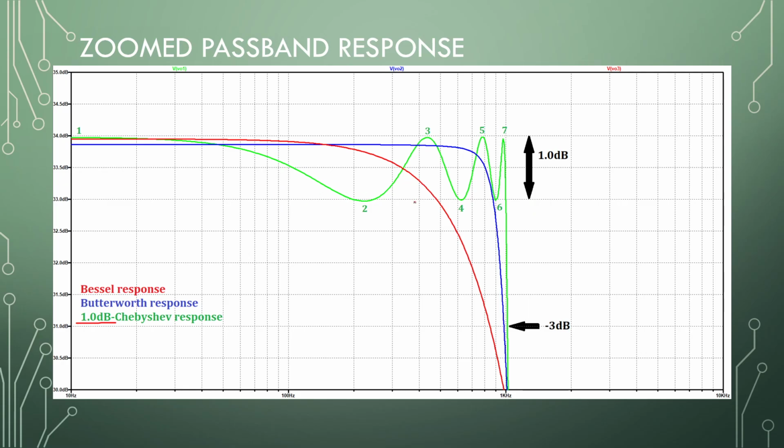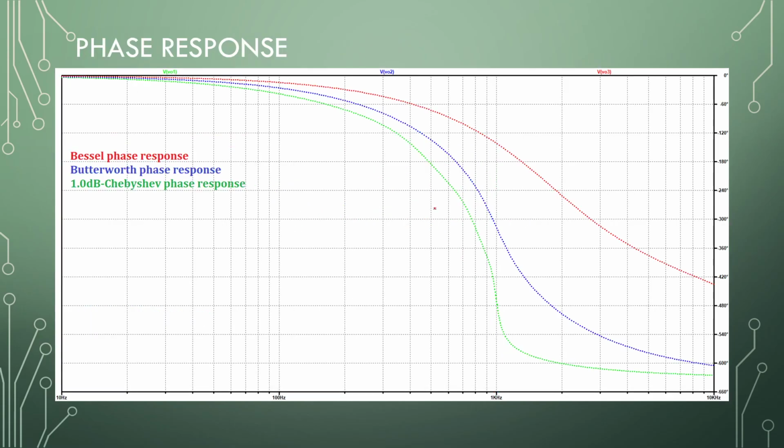Right. Phase response. Chebyshev around the cutoff has this really sharp cutoff. Butterworth, kind of slow, and the Bessel is really slow in the cutoff region right here. So this is what makes the Bessel quite stable.